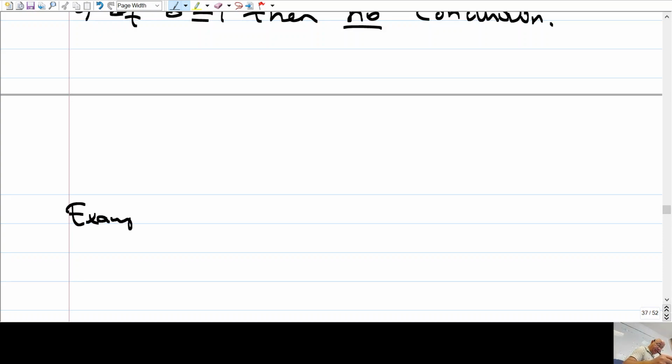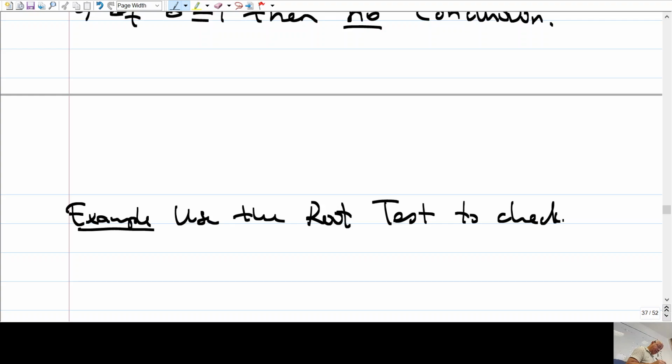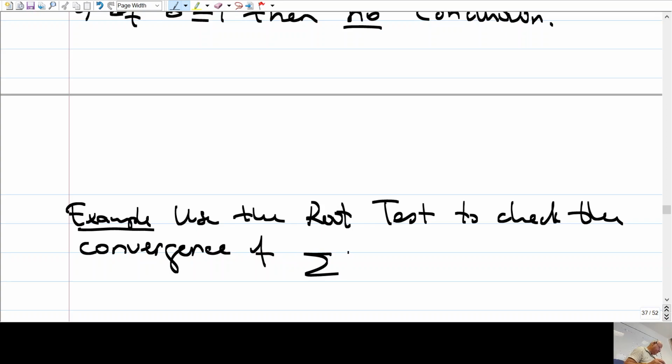Example: use the root test to check the convergence of the series.